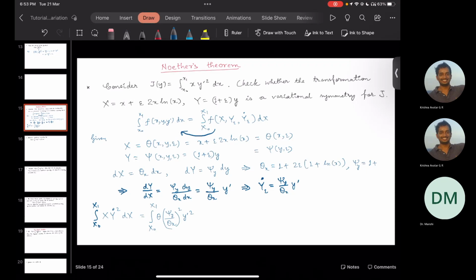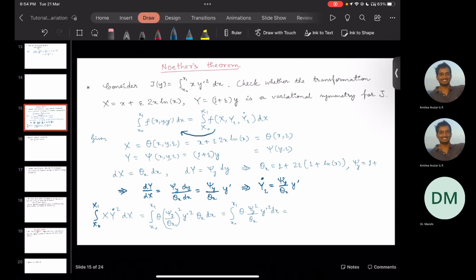And then dX I can write as theta x dx. Now after doing this, you'll see that our integral is in terms of small x, so we'll have to change the limits. So this becomes small x naught and this becomes small x1. So then this implies the integral from x naught to x1 of theta times psi y squared divided by theta x squared, and then you have theta x here as well. So this cancels out just to give us theta over theta x, and y prime squared into dx.